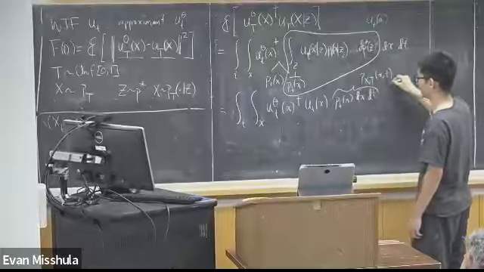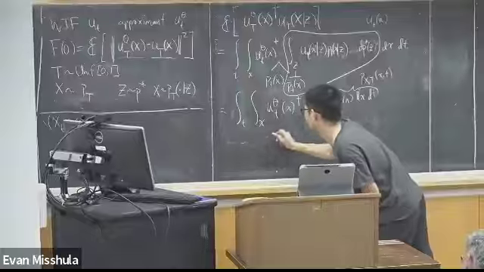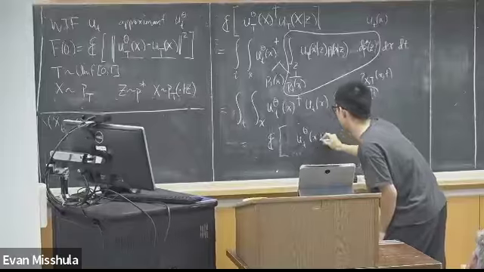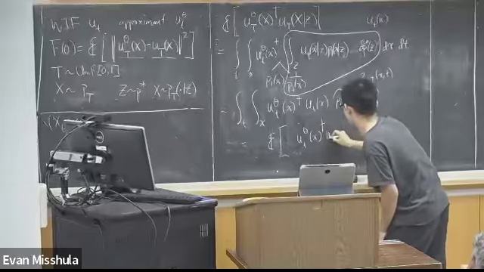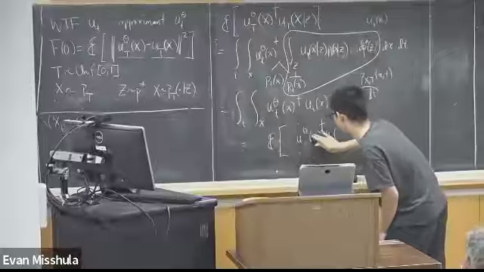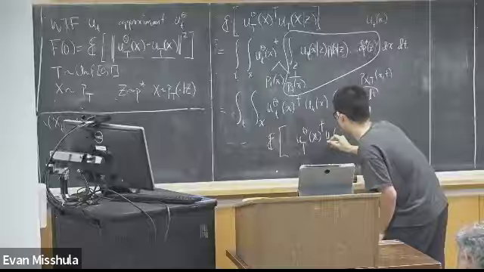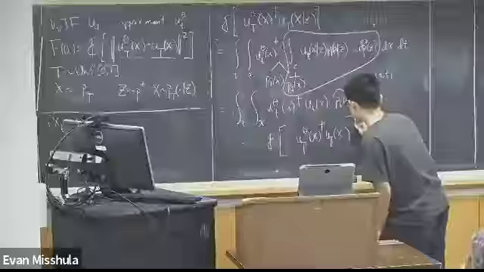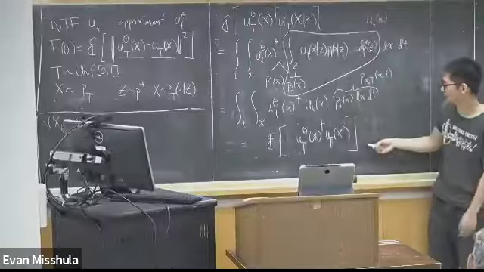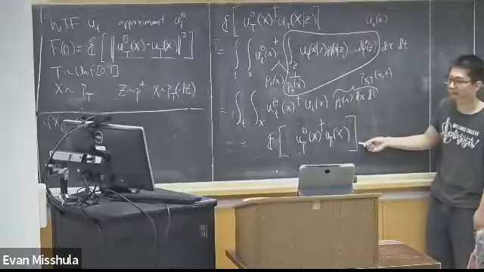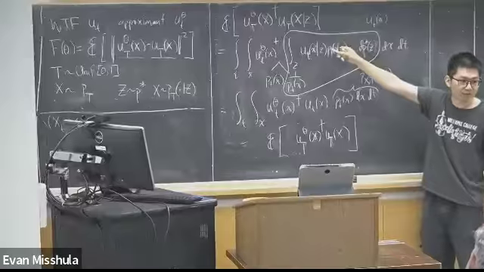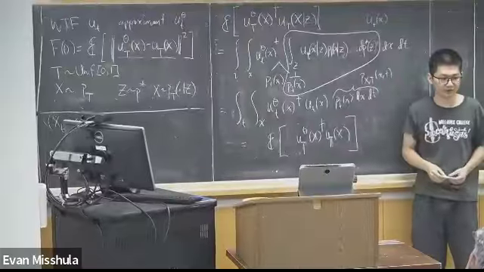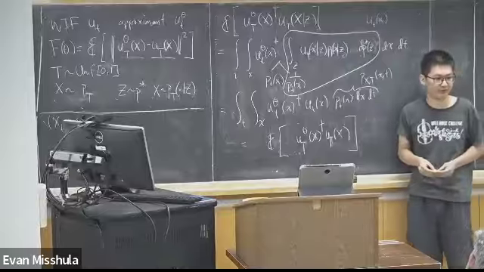So in fact, we have recovered this. So at this point, we have shown that the conditional and unconditional objective functions differ by a constant.